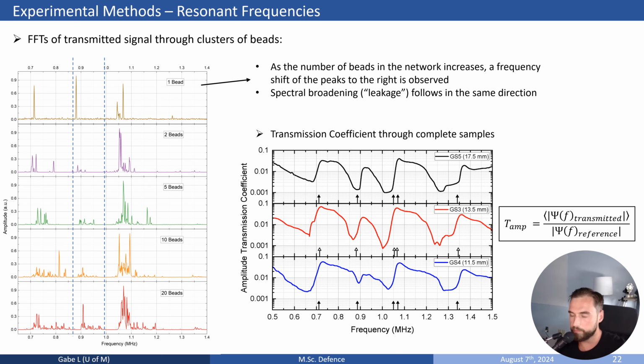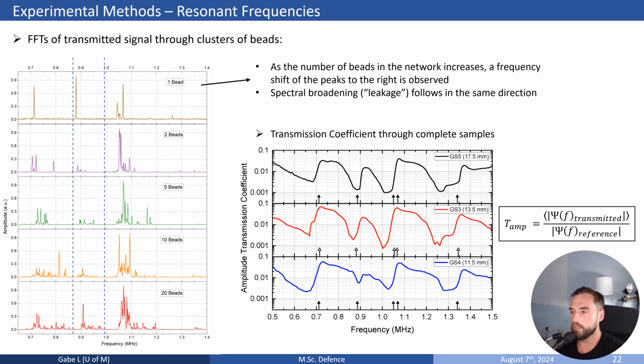These are the resonant frequencies of the mini samples: 1, 2, 5, 10, and 20. Here we notice that there is a shift. As the number of beads goes up in the system, we get a shift in resonant frequencies to the right, as well as a broadening or spectral leakage to the right. Then as you add more and more beads into the system to get an actual mesoglass sample, we no longer have sharp peaks, but rather frequency bands.